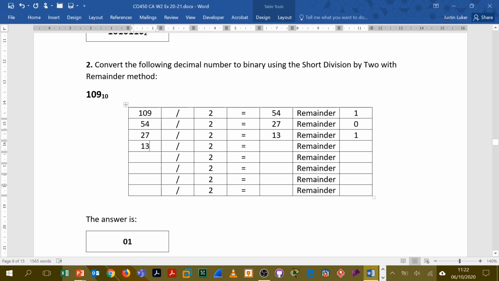13 is also an odd number. So again, I know that's going to give me a remainder. And so I need to think about 12, so that would be 6. 6 divided by 2 is an even number, so that's definitely not going to give me a remainder. 3.